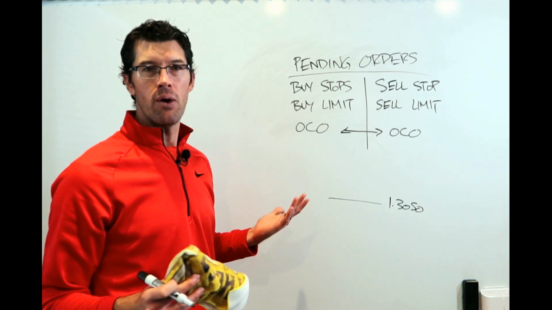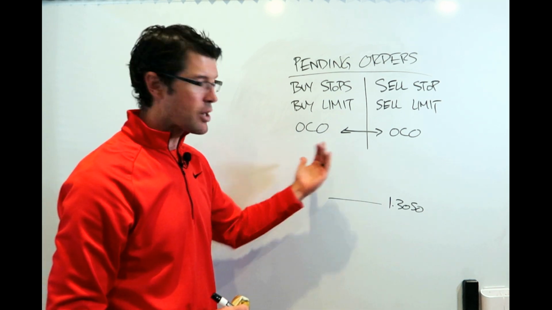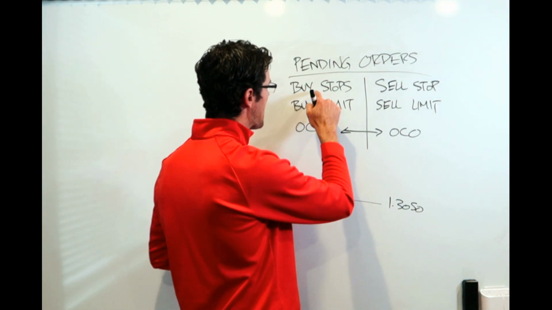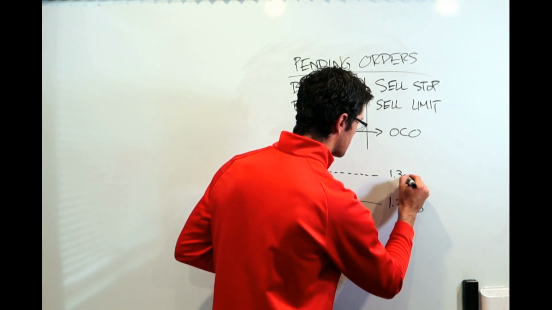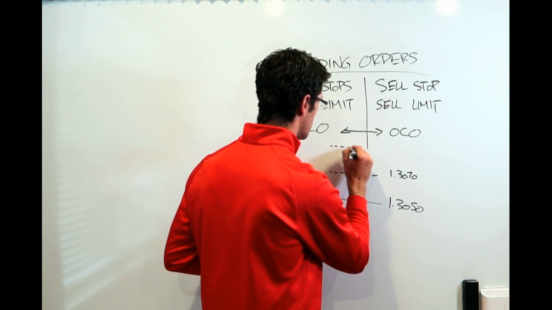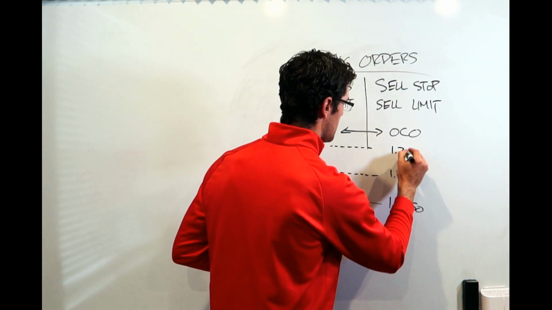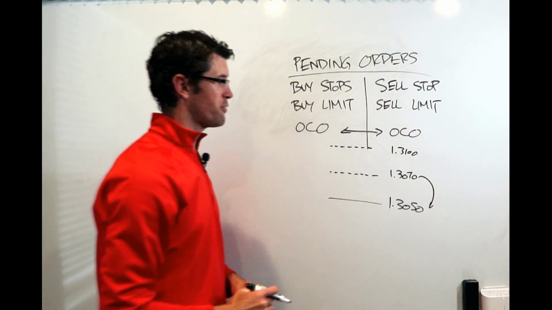Let's just buy a breakout. Let's say price is really choppy around 3050. Let's just let price break above it. So we're going to put a buy stop right here, 1.3070, and we're going to target 1.3100 with a stop loss below 3050.